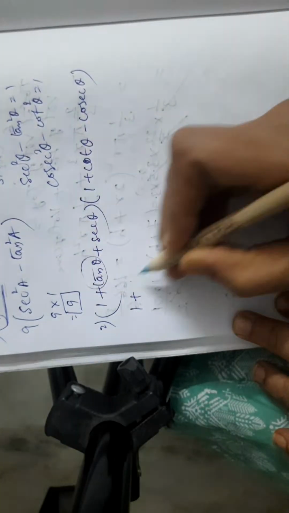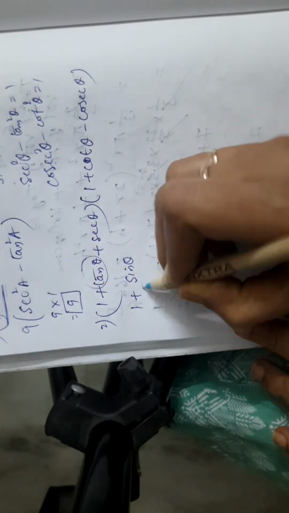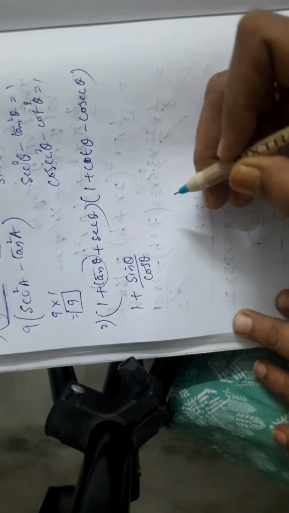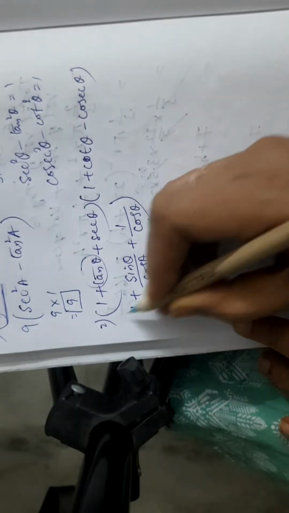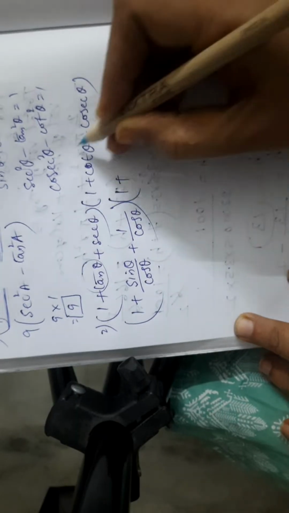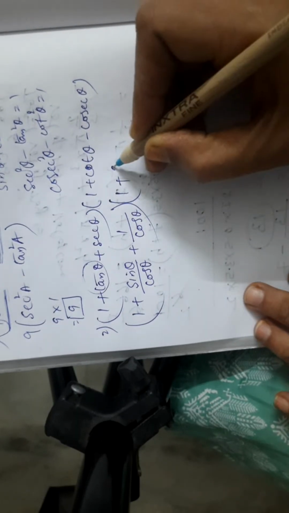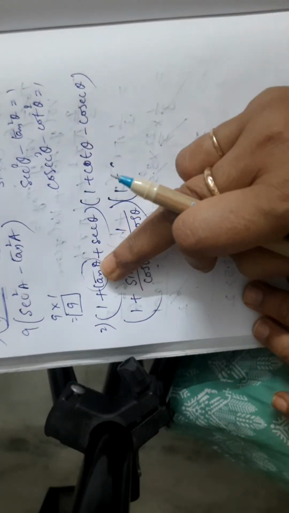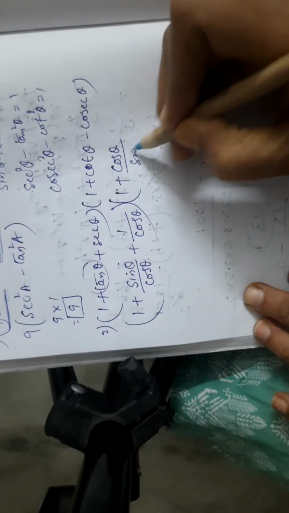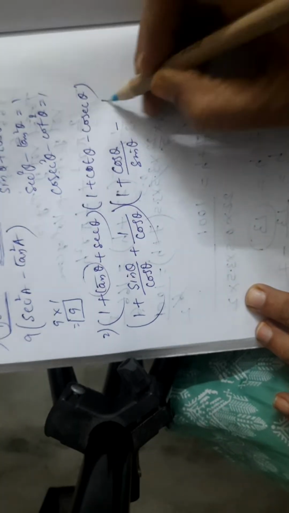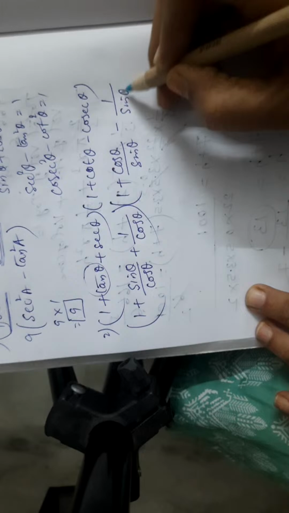Tan theta is sin theta upon cos theta. तो tan को हमने रिप्लेस करके sin by cos कर लिया. Sec is 1 by cos. वैसे ही cot का वैल्यू हो गया. Cot tan का रेसिप्रोकल होता है. So it's cos theta upon sin theta.